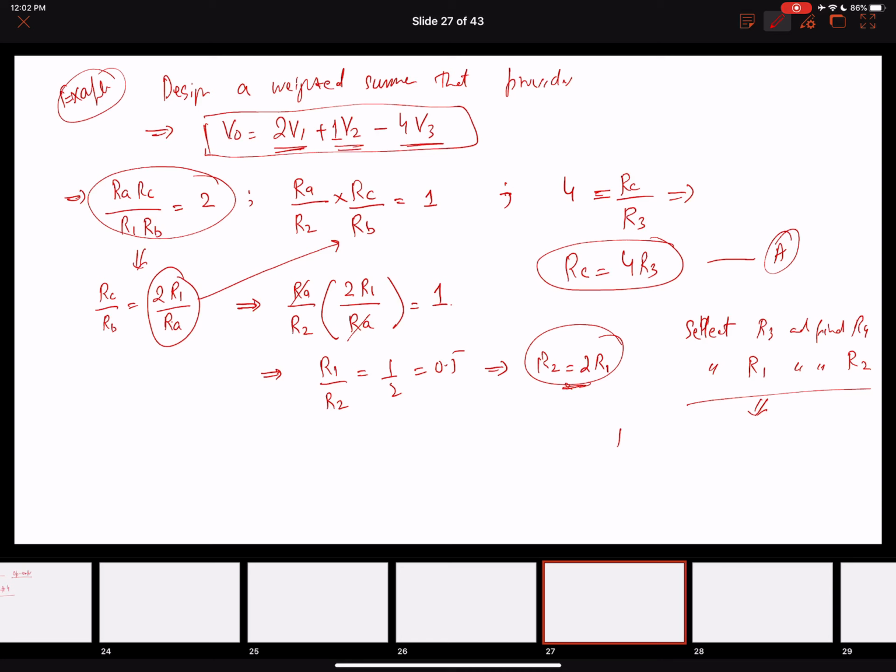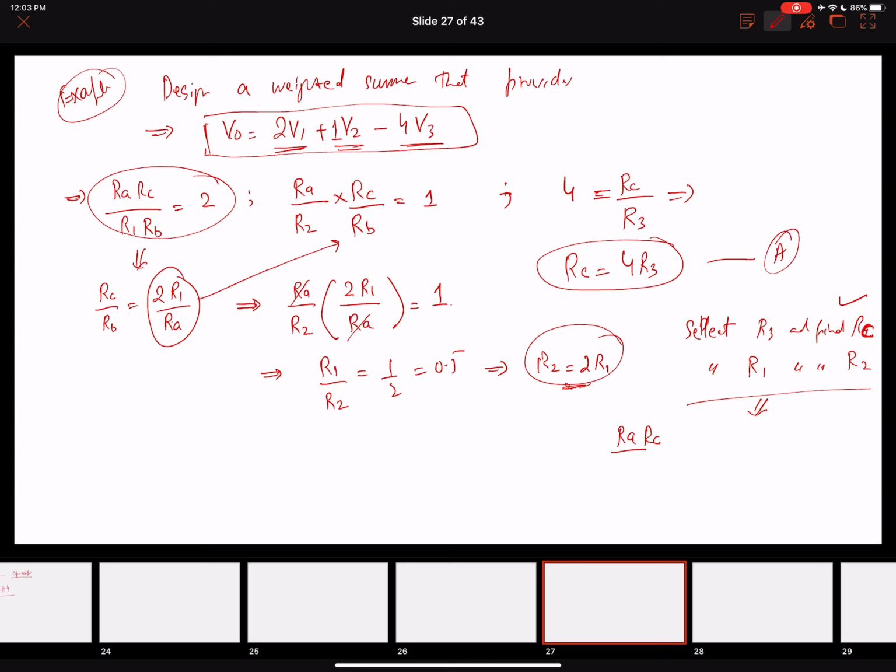Your RC equals 4 times R3, so you already know the value of RC. If you put these values for RC here and R1 here, can we find out the value of RA?